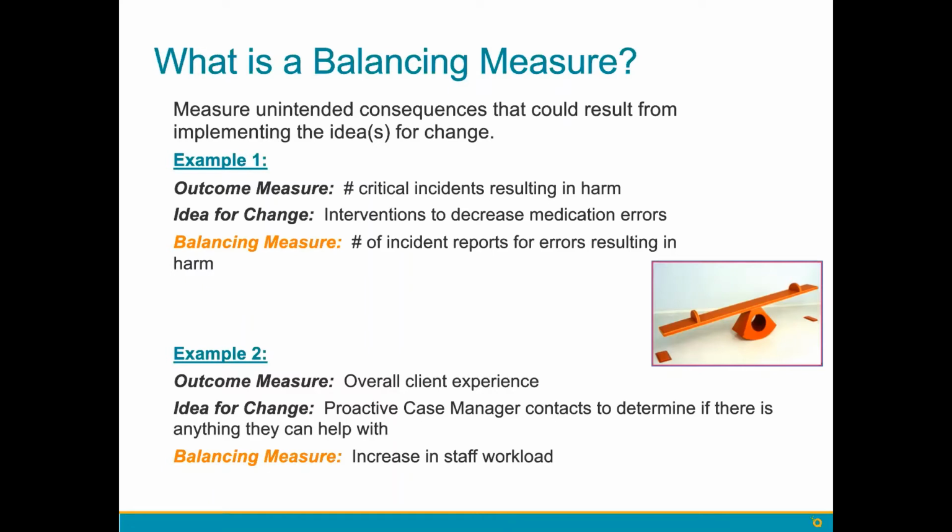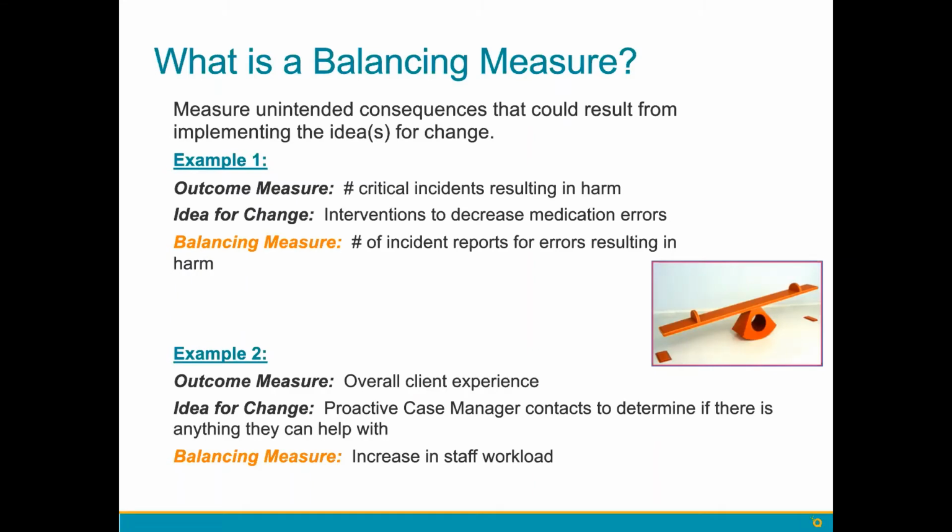The idea for the change is an intervention to decrease medication errors. So if we're in a residential program and we're helping clients with their medications, we want to reduce the medication errors. The balancing measure may be the number of incident reports for errors resulting in harm. We've made a decision that we're going to reduce that harm, but as a result, we're having to do more paperwork for all the times that we actually did it. So just an example there.